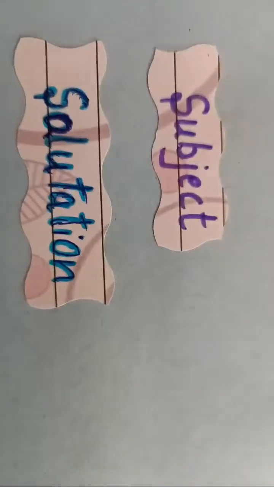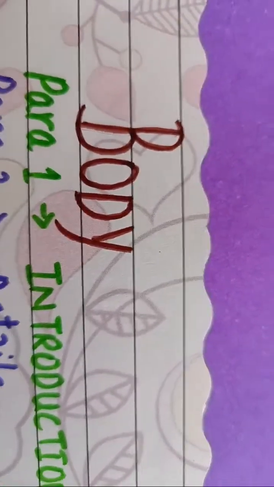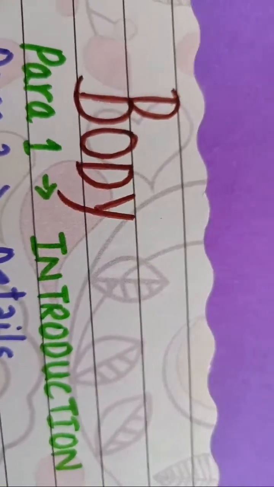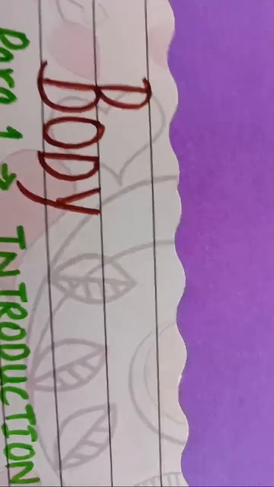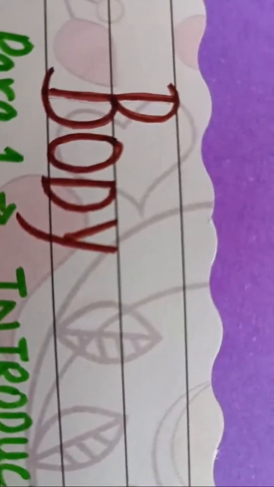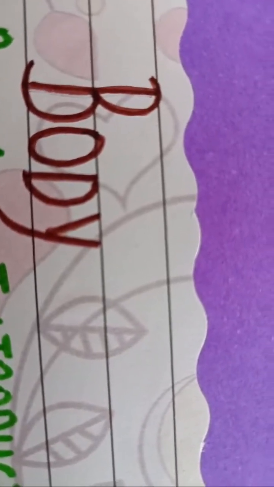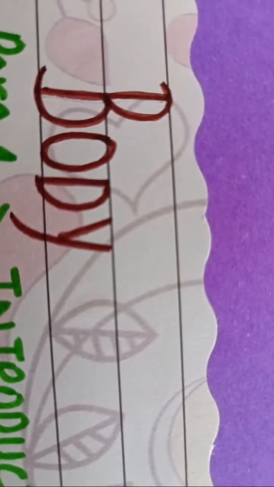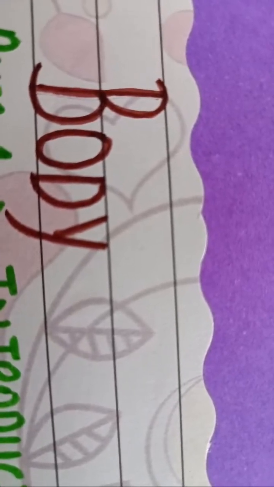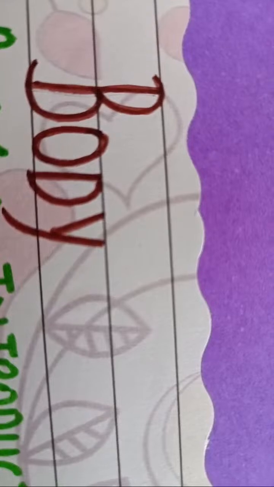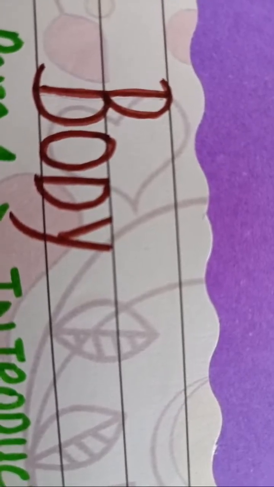After the salutation, we are going to go for the body paragraph. Most of the time students ask whether they have to leave a line to start the body paragraph or not. It depends on you. There is no criteria in the CBSE marking scheme that they are going to deduct a mark if you leave a line, or give an extra mark if you leave a line.